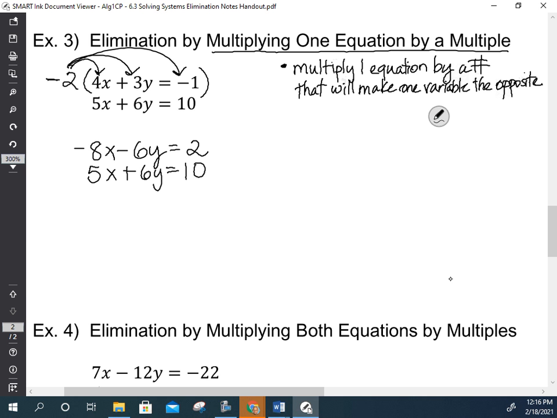Yes. Because you need to force one of the variables to be opposites of each other. If you multiply -2 times 3, that will make -6. -6 and +6 are opposites of each other. And that's what you need. You always have to get something to be opposites of each other.